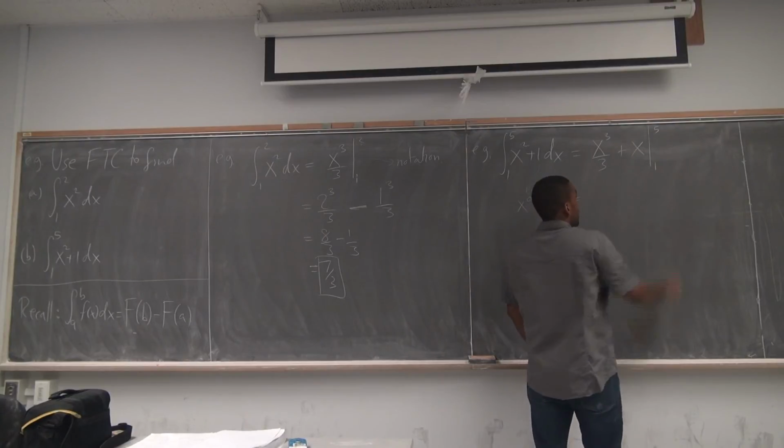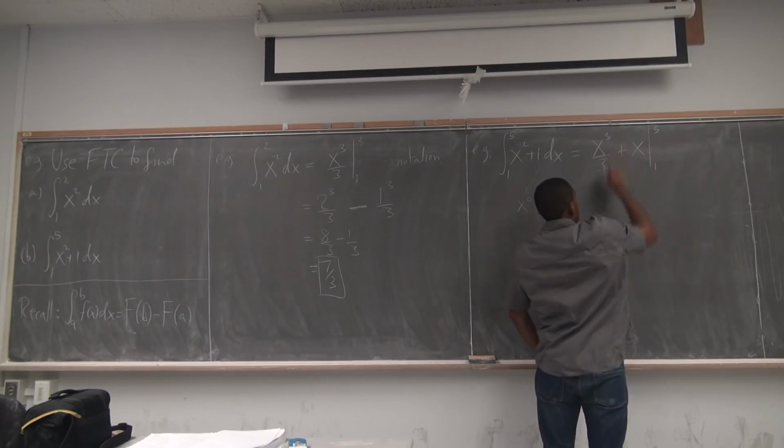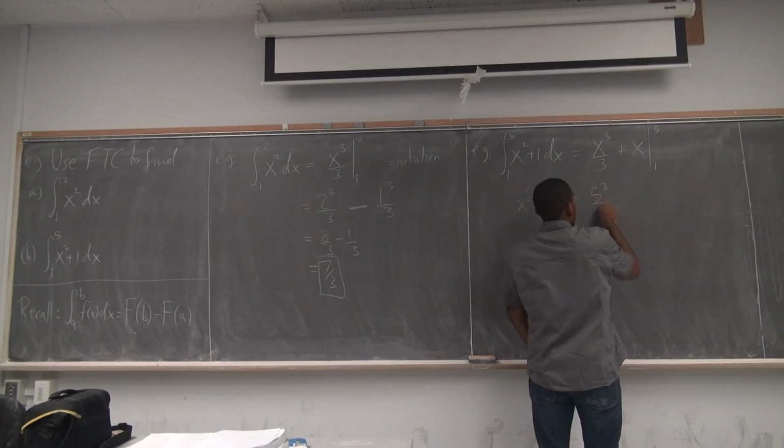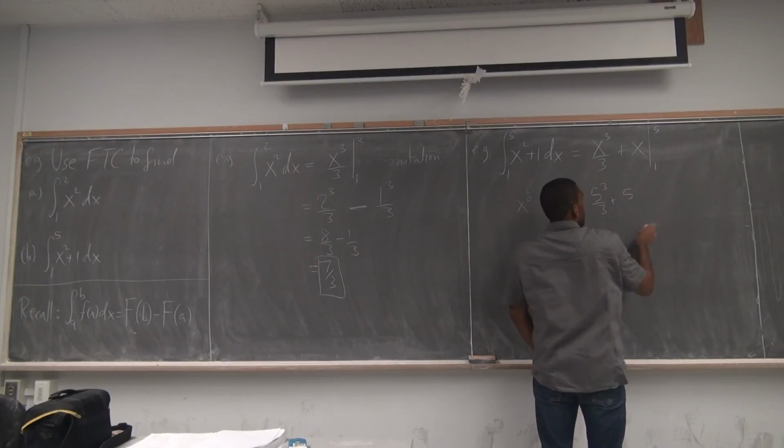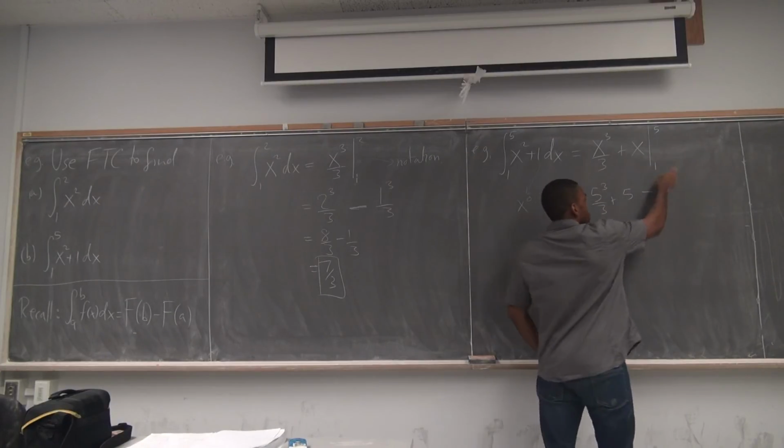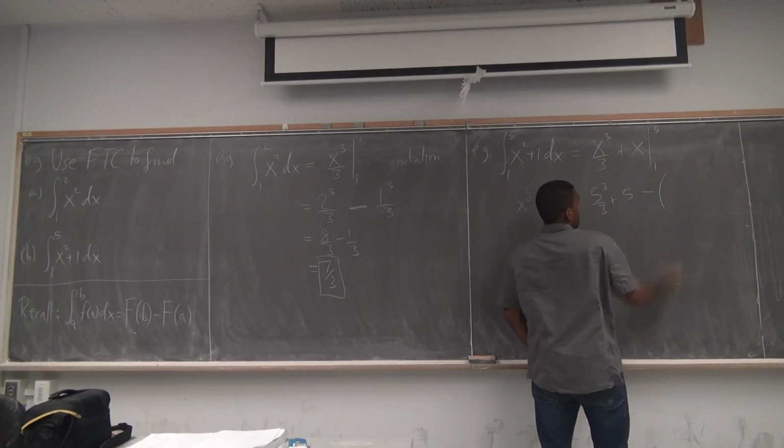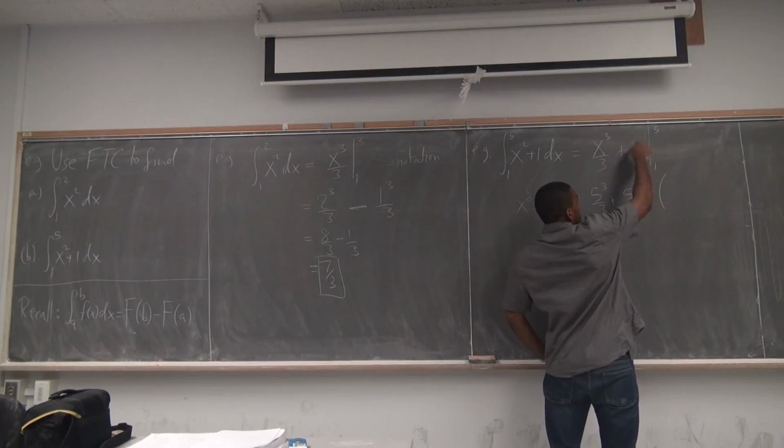Basically that means I'm going to take the top number, the 5, and plug it in here, minus, open parentheses, which is very important, I'm going to take the 1 and plug it in there.